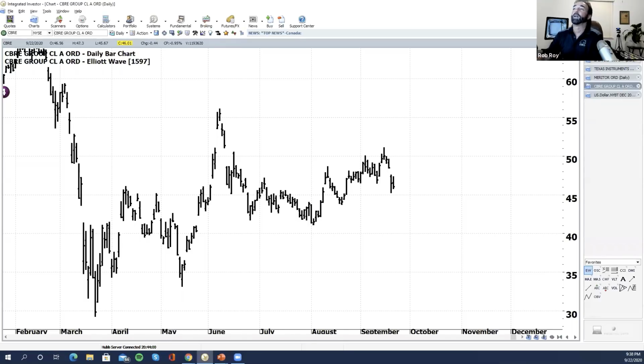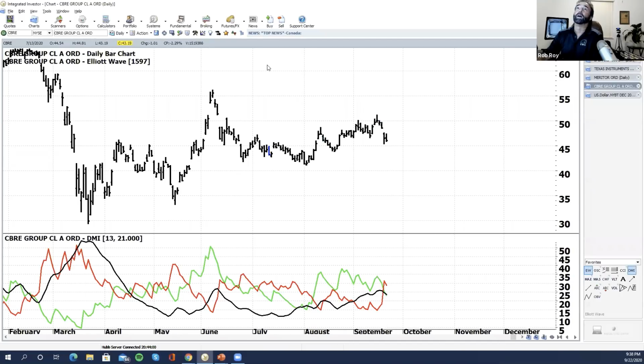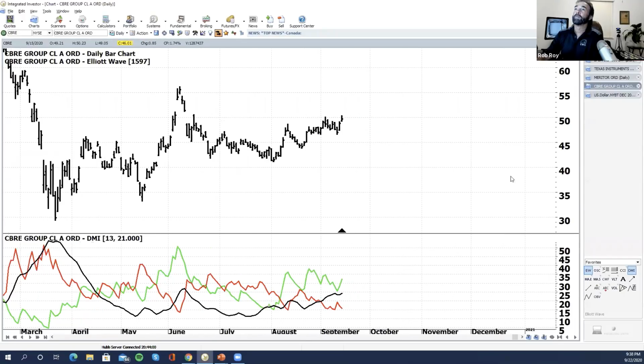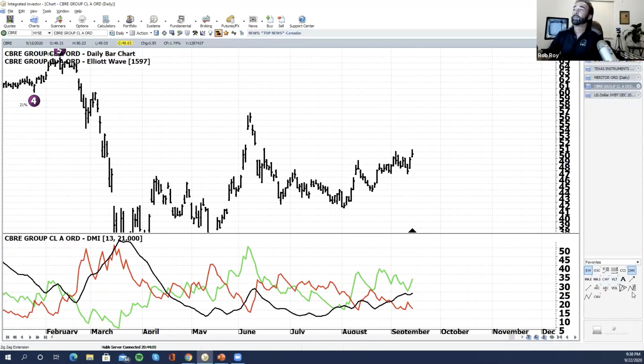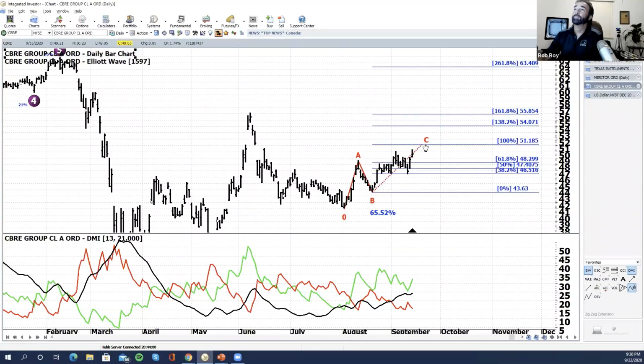But we did look at this one last week, and it looked potentially pretty good if we go back to where we were last week. So there was the pattern, and clearly we can see this zigzag here, and the potential to move higher.